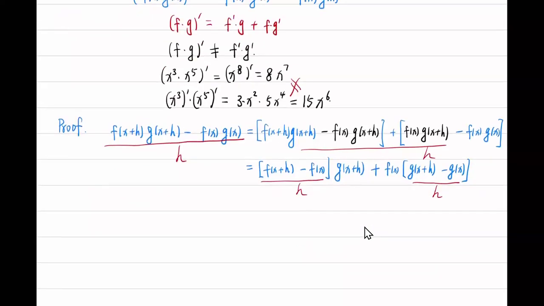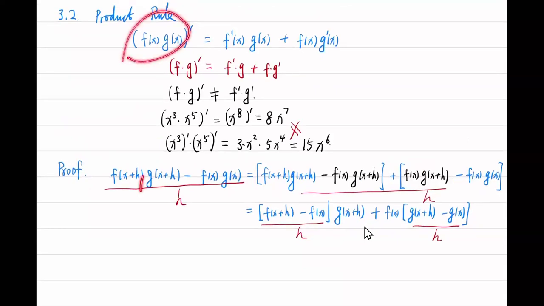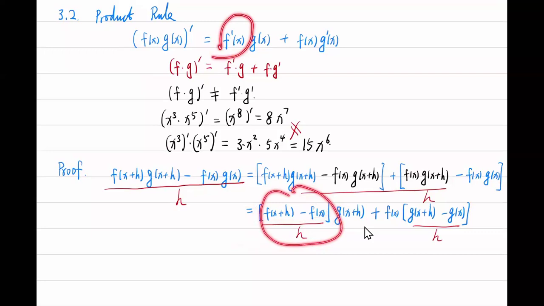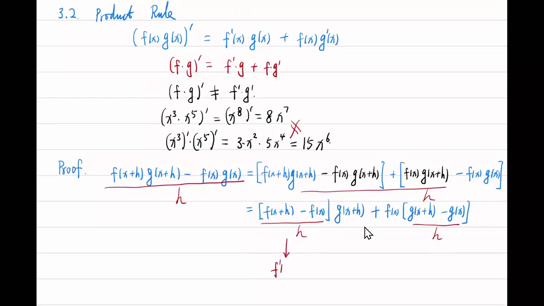Now you can see from here, if we take a limit, we will get the derivative of the product, because that's the increment, take a ratio, take a limit, get the definition. What's the limit of this one when h goes to 0? This is the f increment, the difference over h, and that's how we define the derivative of f. So this goes to f derivative.